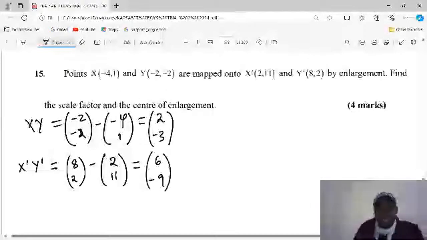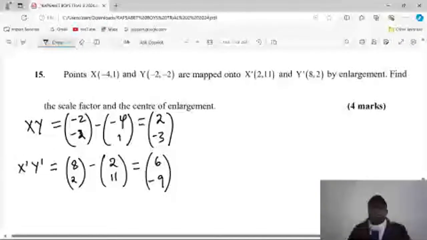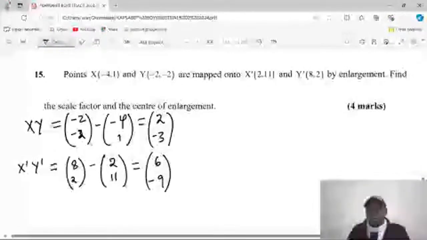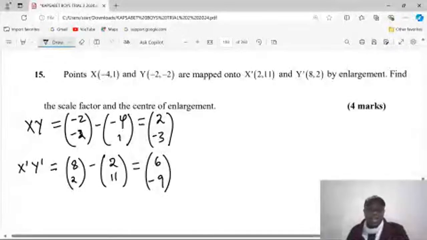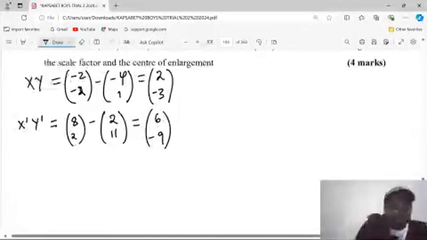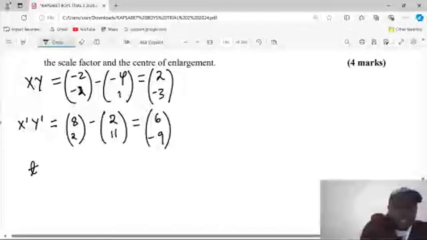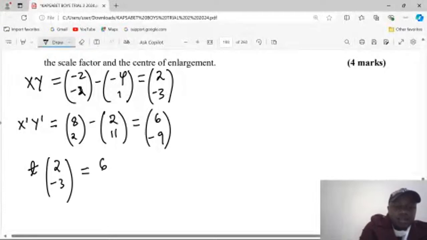Now we can check, because an enlargement scale factor is a multiplying factor, a uniform factor which multiplies one of the vectors into the other. We can call the unknown scale factor t. The scale factor t, when it multiplies (2, -3), should give us the image.